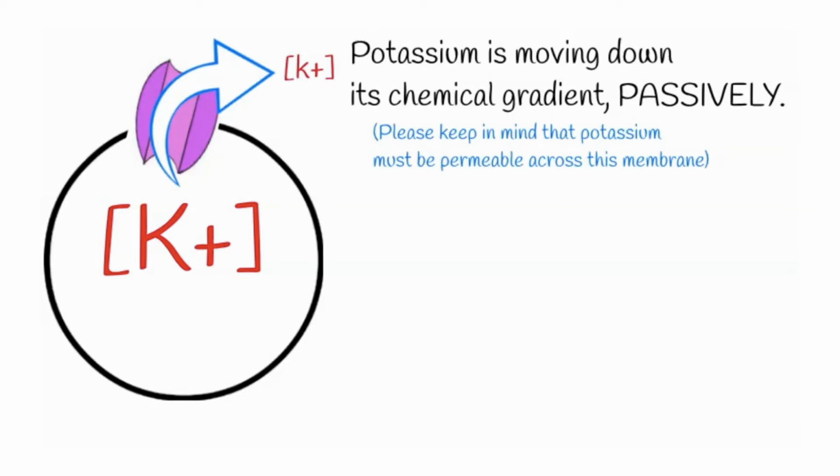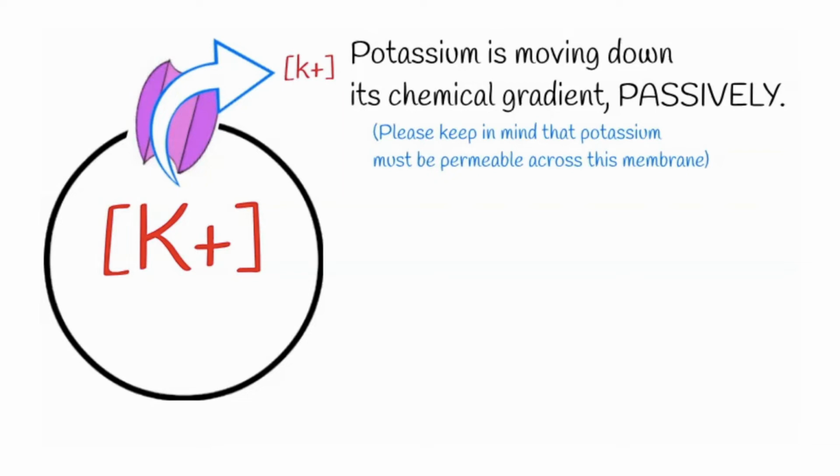It will diffuse out of cells as long as that channel is present. Once again, potassium is a cation. It's a positively charged atom that cannot cross a plasma membrane without the channel, and that's because of its charge. Potassium moves passively out of cells from an area of high concentration inside the cell to an area of lower concentration outside of the cell.